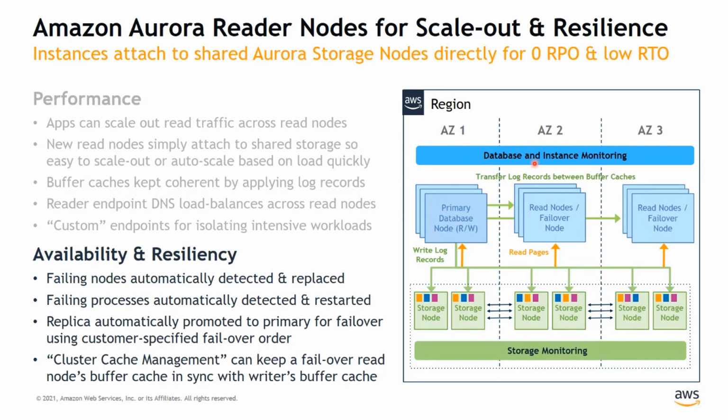These are always issuing queries, if you will, as heartbeats to all of the nodes in the cluster so that it can detect quickly if something fails and can automatically restart, whether it's a process or an entire instance. We also have this notion of failover and failover priorities that allows you to designate one of these nodes as your primary standby node. And so if there's a failure in the primary write node over here, this will be the node that will be failed over to for write activity.